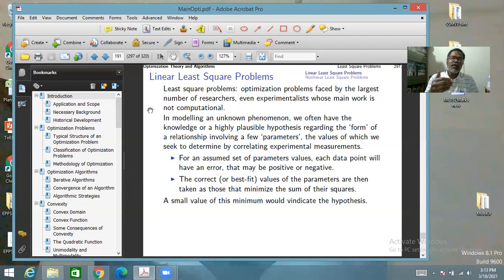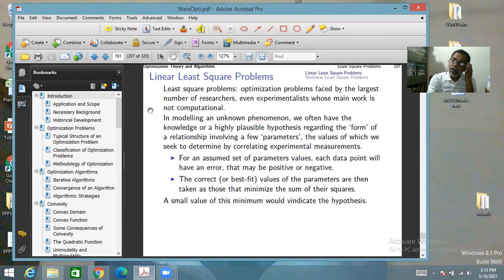So, as you conduct the experiments, the unknown function values and the values of the independent variable of which this is the function are recorded through experimental observation, experimental measurements, and those parameters are still unknown, which you need to determine.